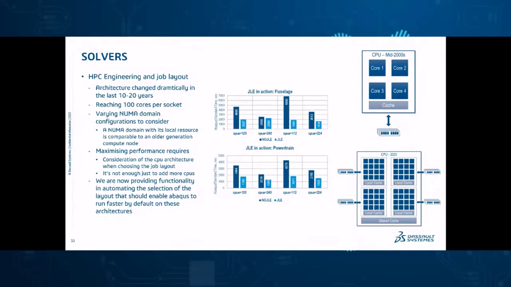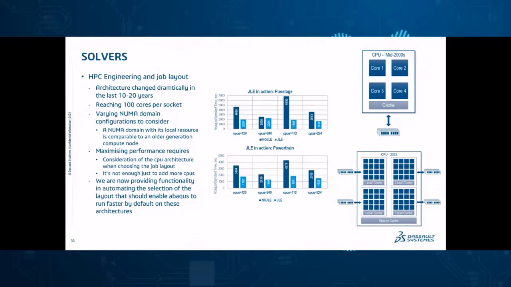But with new CPUs with very high core counts, we're seeing some SKUs up to 96 cores. Cores are grouped into NUMA domains, so non-uniform memory access. They have their own connection to some portion of the system memory. They'll have a local cache, and sometimes they'll have a shared cache.